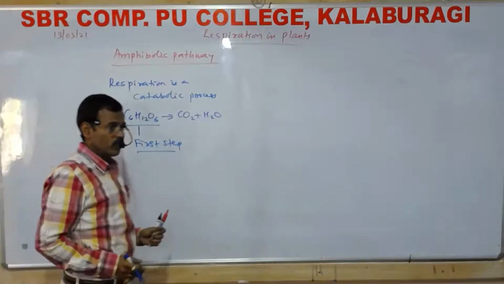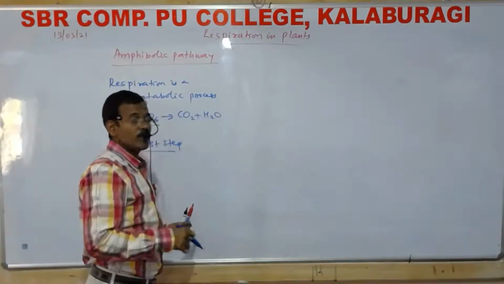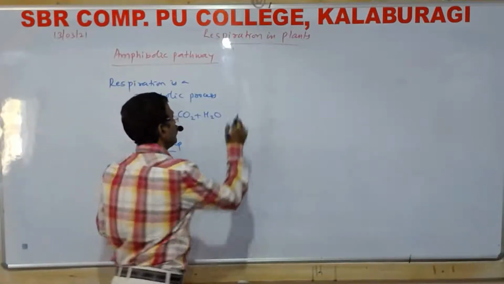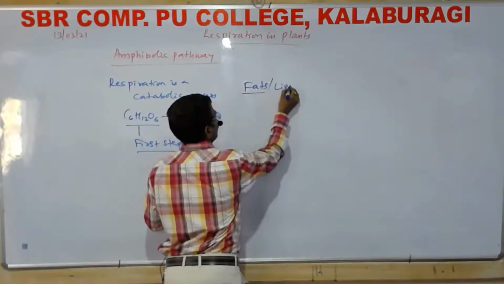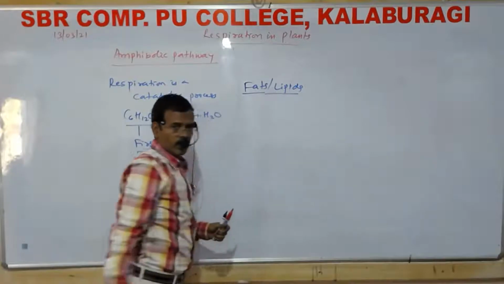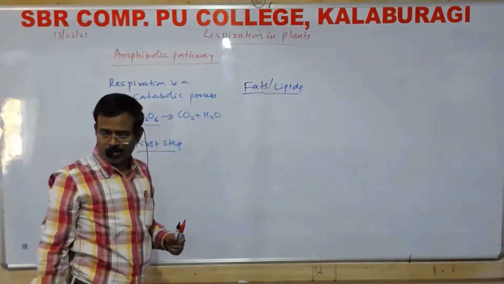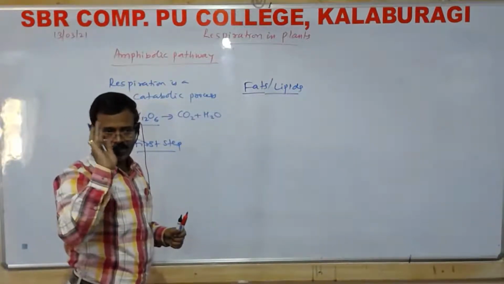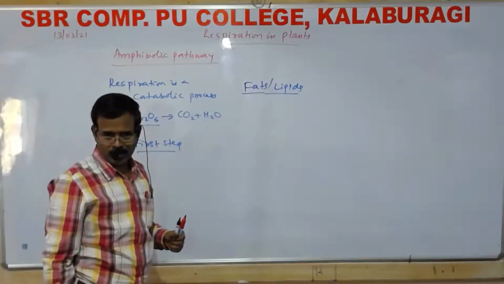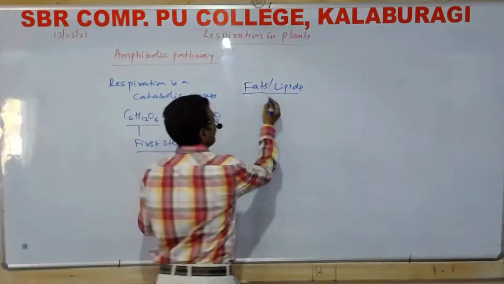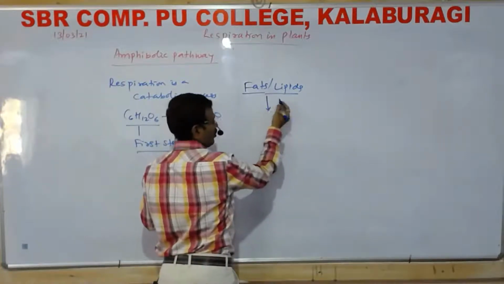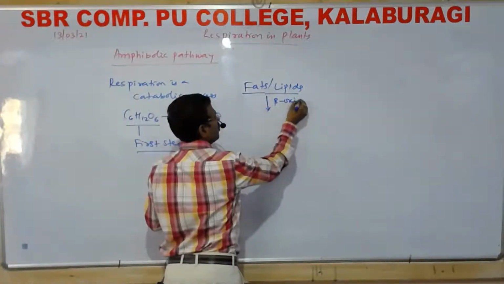Now, in some cases, other respiratory substrates are also used. Say, fats or lipids can be used. These fats or lipids, first they should be subjected to oxidation, that is, they should be broken down into simple molecules. So these fats or lipids are subjected to beta oxidation.